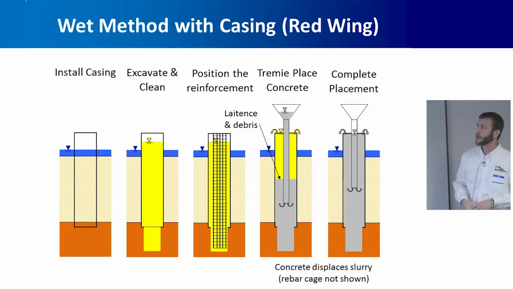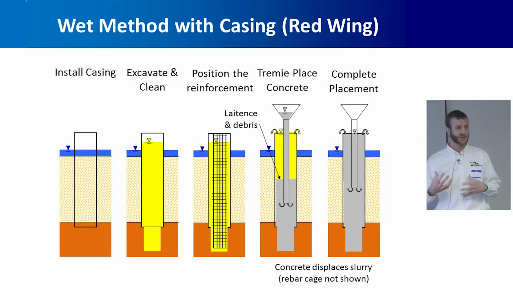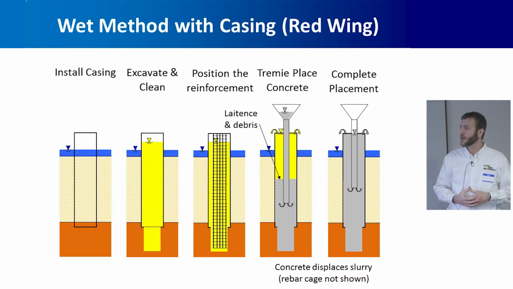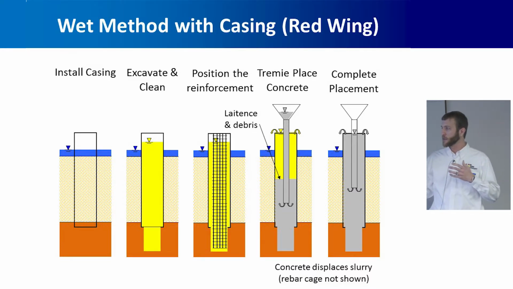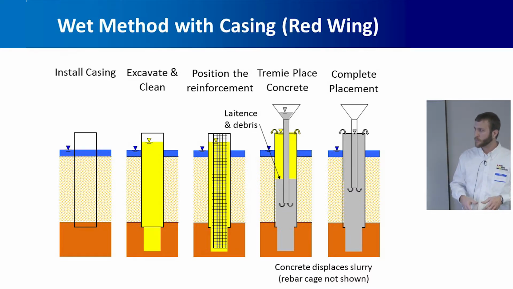So looking at the wet method with casing, this is generally what we expect at Red Wing. This is the basic process that was used at St. Croix. Install a casing, either vibrate it in or somehow twist it in. There may be some relief drilling or removal of material in the casing to help facilitate installing the casing, but get the casing seated into the rock.